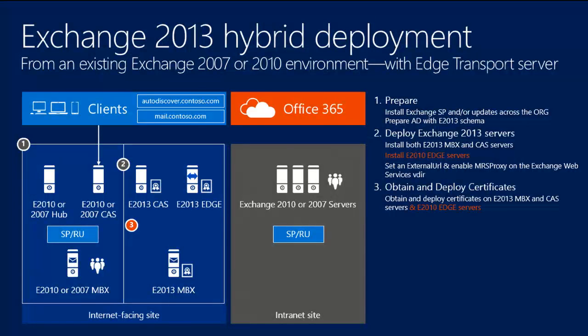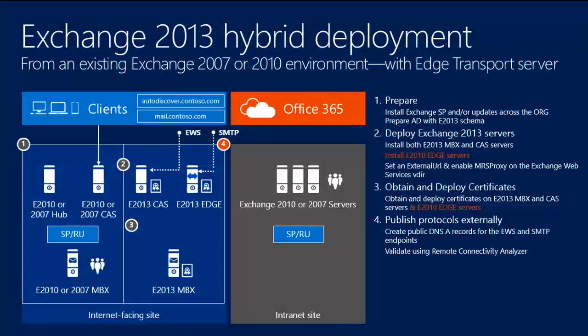You're going to do the same thing here with certificates, except you're also going to deploy certificates for the SMTP namespace to your Edge transport. If we're going to be contacting mail.organization.com, you have to have a certificate that reflects that namespace, and I'll explain why that is. We've modified how we do our secure mail, and we've made certificates a bigger part of that. So anyone familiar with IP address configuration in the hybrid wizard will be very happy, I think.